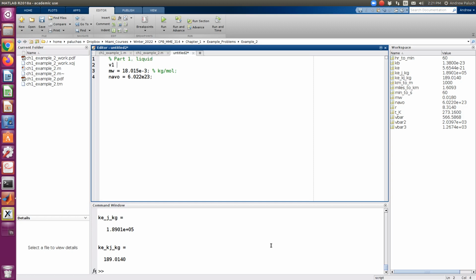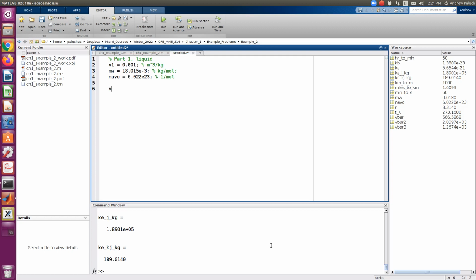We take our liquid volume to be 0.001, again meters cubed per kilogram, and AVO is 1 over mole.